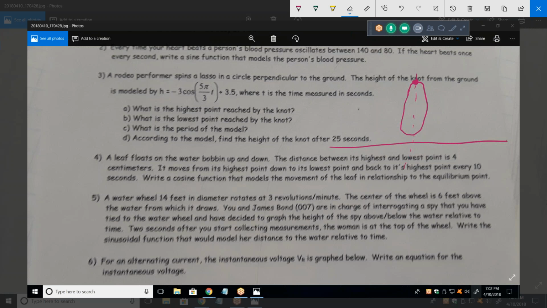All right. So the height, which is this distance from here to there. Although I'm still not sure of that, but we're going to assume that.